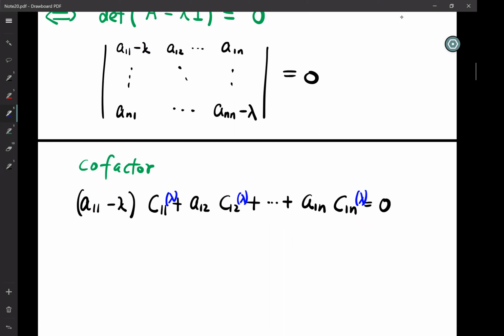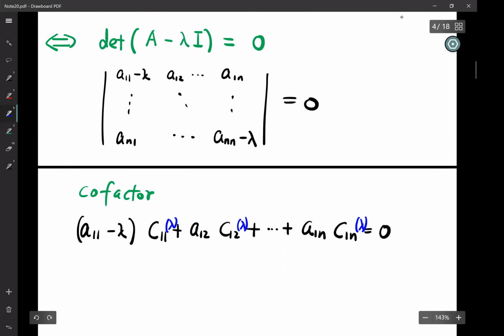So now I have a non-trivial statement. It obviously is a function of lambda, but not some arbitrary function of lambda. It is actually a polynomial of lambda.